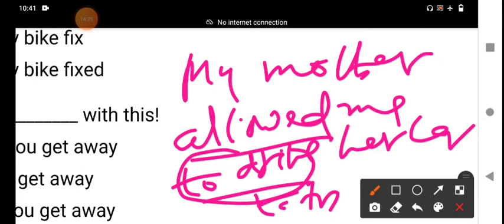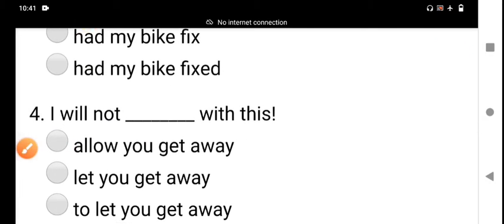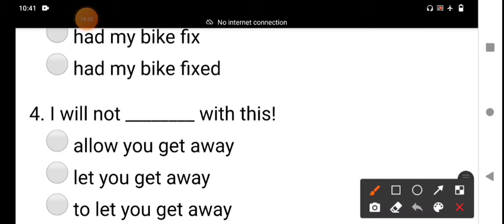And with let, the right answer is the fourth one. Which is the right answer? Let you get away. I will not let you get away with this.